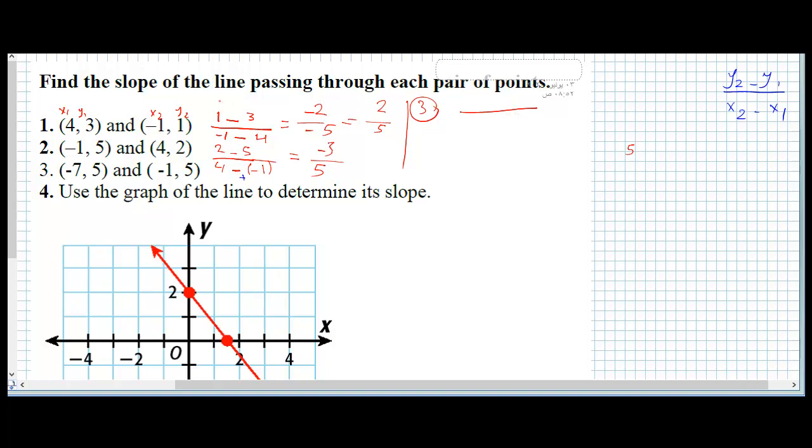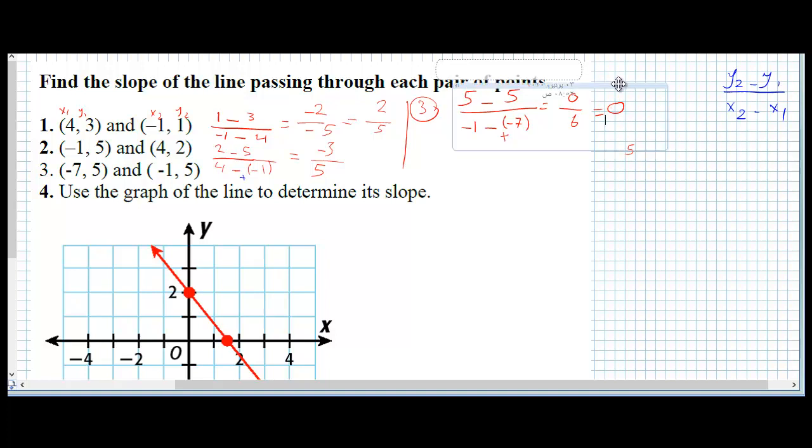With our formula, we have y2 is 5 minus y1 is 5, over x2 is -1 minus x1 is -7. 5 minus 5 equals 0, so 0 over -1 minus -7. Negative multiplied by negative is positive, so -1 plus 7 is positive 6. 0 over 6 equals 0.